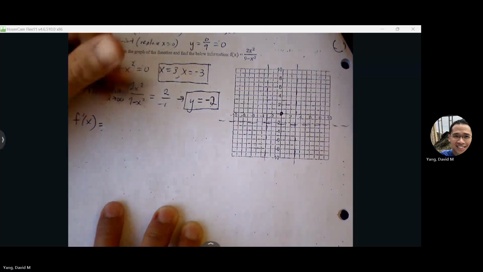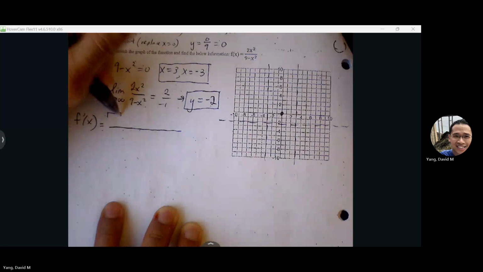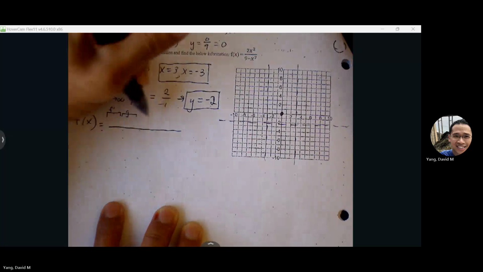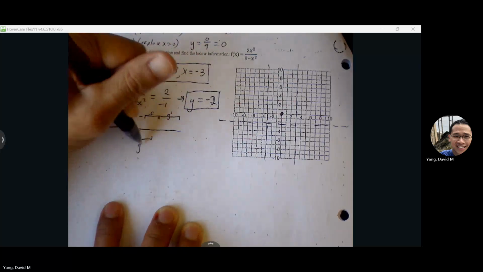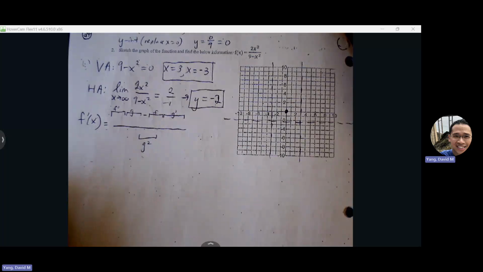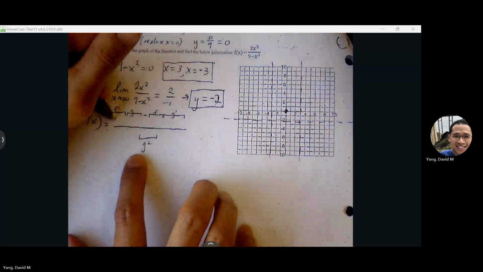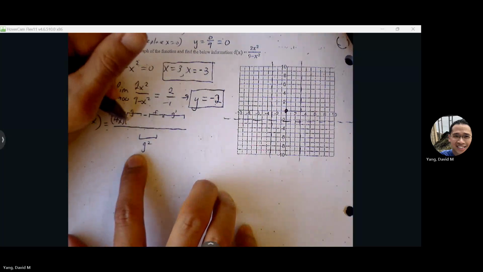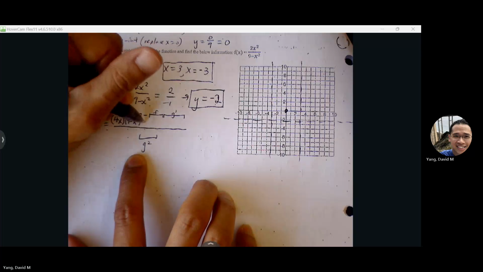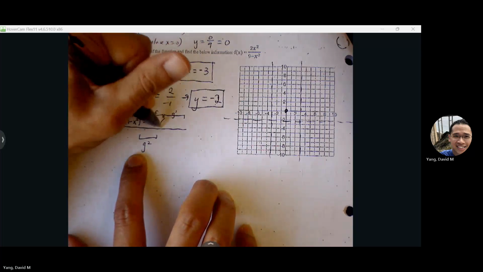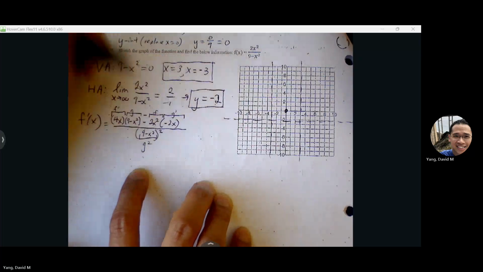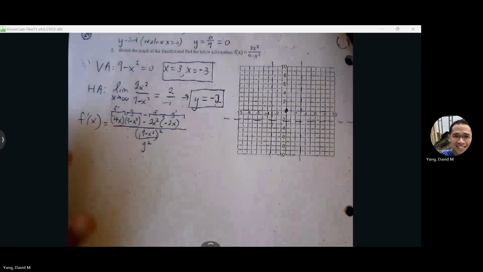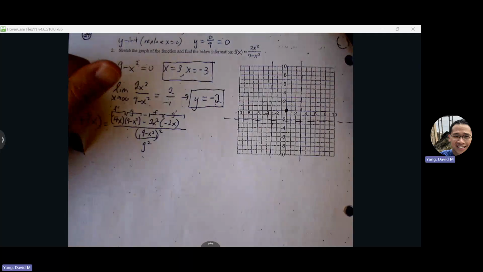So f prime g minus f g prime all over g squared. Okay, let's do some cleanup.